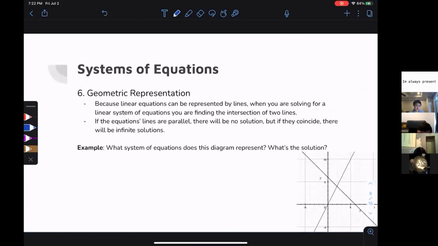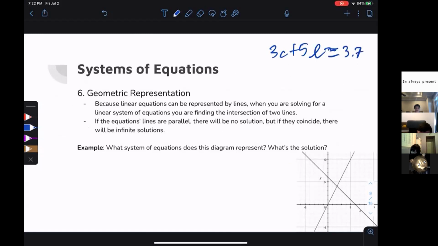Next thing is just a very quick thing, that systems of equations of two variables are tied to lines, in that a linear equation can be represented by a line. Like in our previous problem, 3c plus 5l is equal to 3.7.